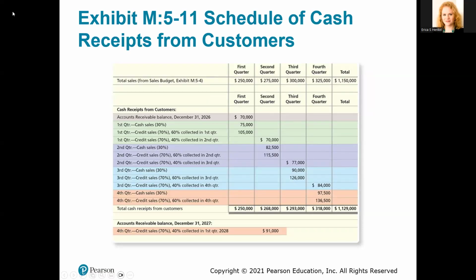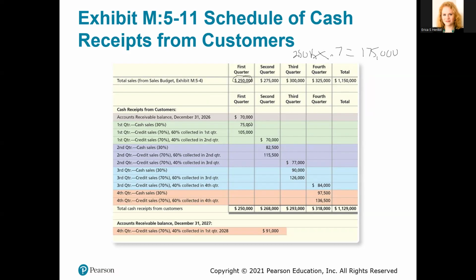So if we look at that, 250,000 times 0.7 is equal to 175,000. So in total, they're going to have 175,000 in credit sales from the 250,000, right?